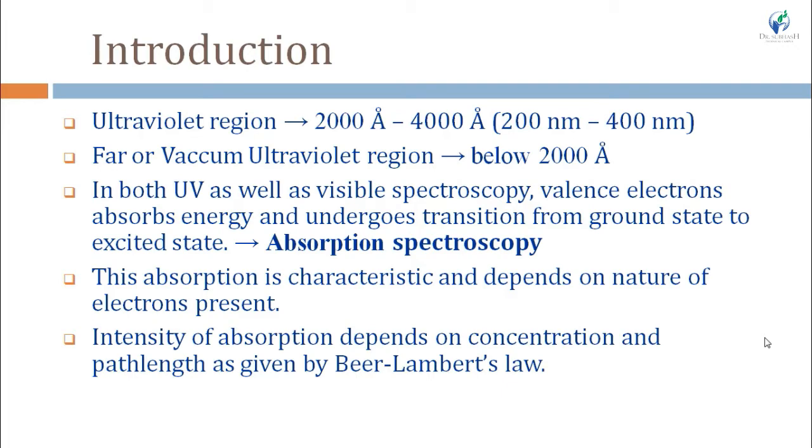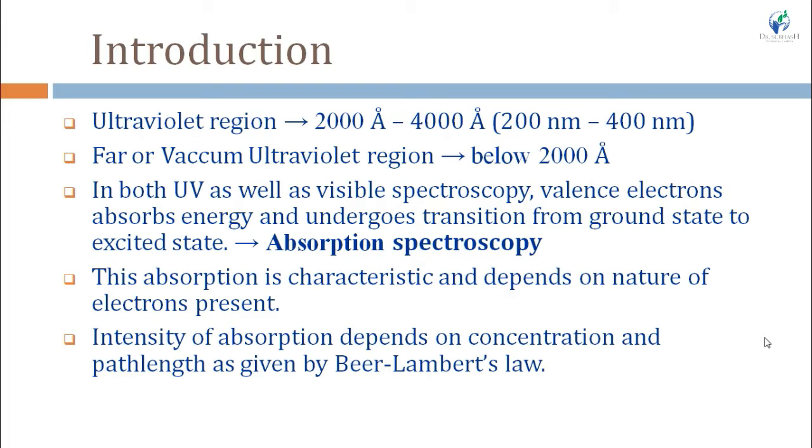The wavelength region of UV in the electromagnetic spectrum is 200 to 400 nanometer, and of the visible region is 400 to 800 nanometer. So, what will be the wavelength region of UV-visible? The wavelength for the UV-visible region will be 200 to 800 nanometer. But here we are talking about UV spectroscopy, so the wavelength will be 200 to 400 nanometer.